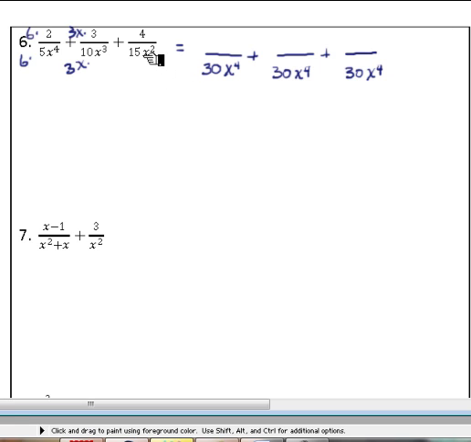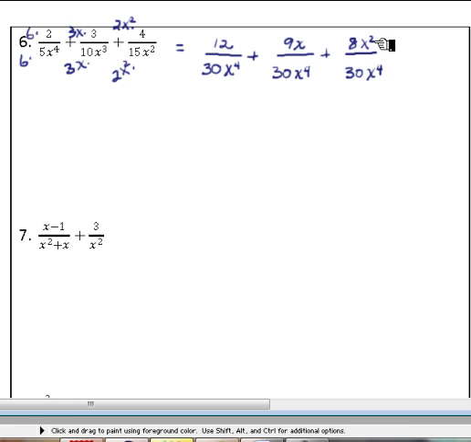And here we have to multiply by 2x squared, numerator and denominator. So this numerator is 6 times 2, that's 12. This numerator is 3x times 3, that's 9x. And this numerator is 2x squared times 4, that's 8x squared.